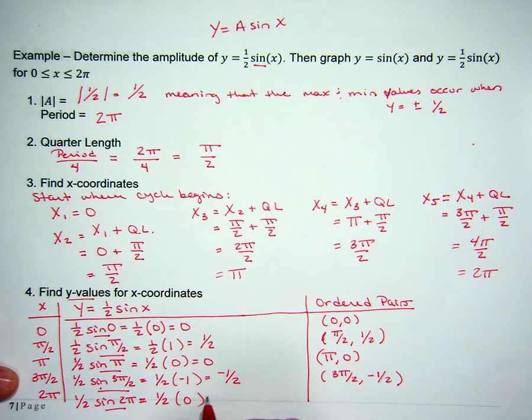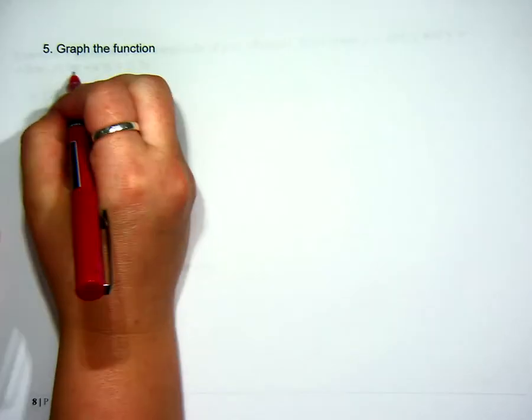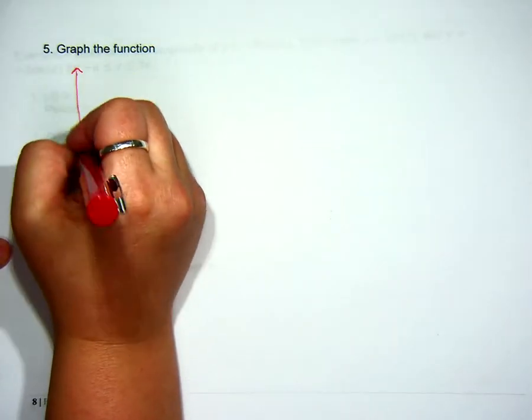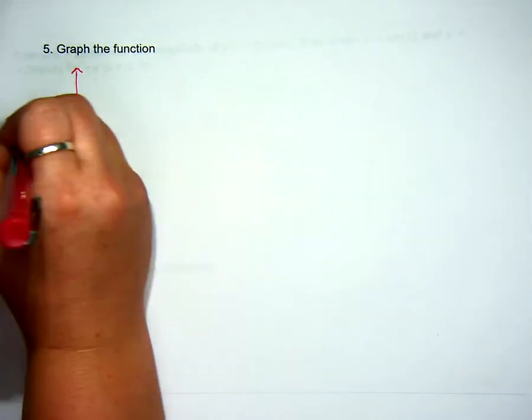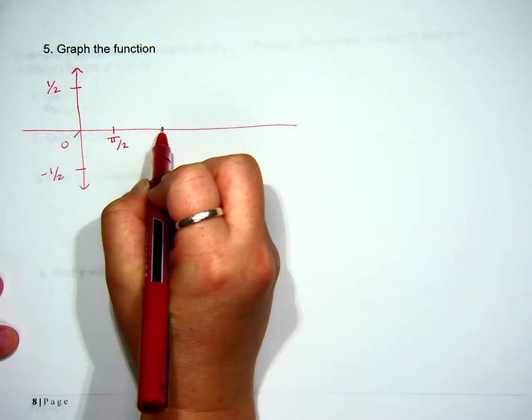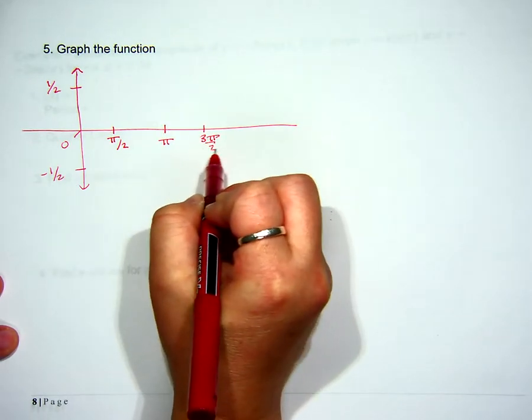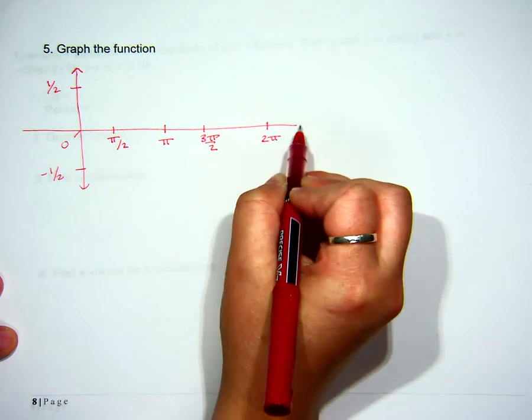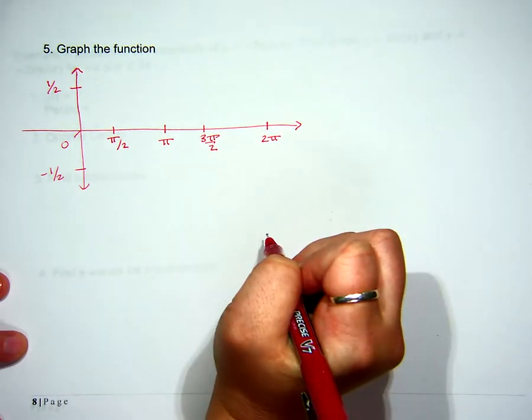Next step is just to graph the function using the points that we came up with. So my x values were 0, pi over 2, pi, 3 pi over 2, and 2 pi. I had an ordered pair of 0, 0.